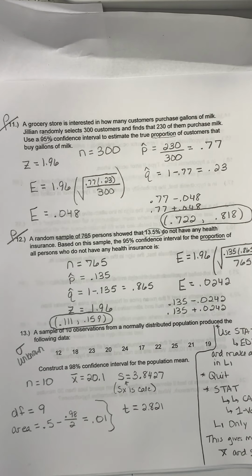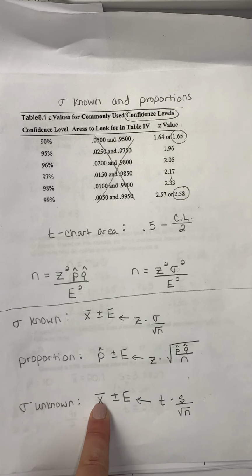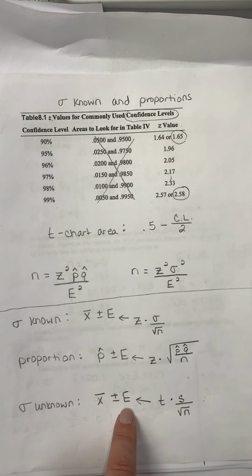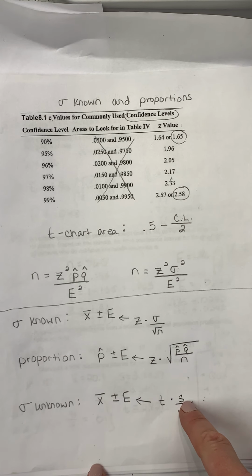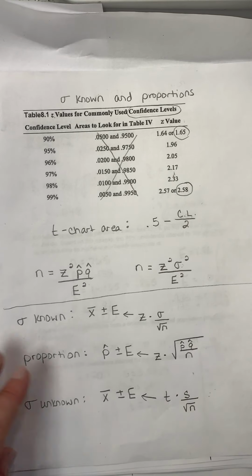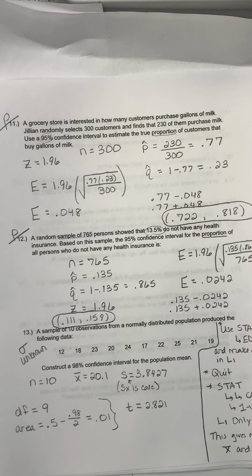So here we go. I have X bar. I got it from my calculator. I'm just about to calculate E. I found T from my T chart. S came from my calculator, and there were 10 values. So I finally have all the information I need to do my formula.